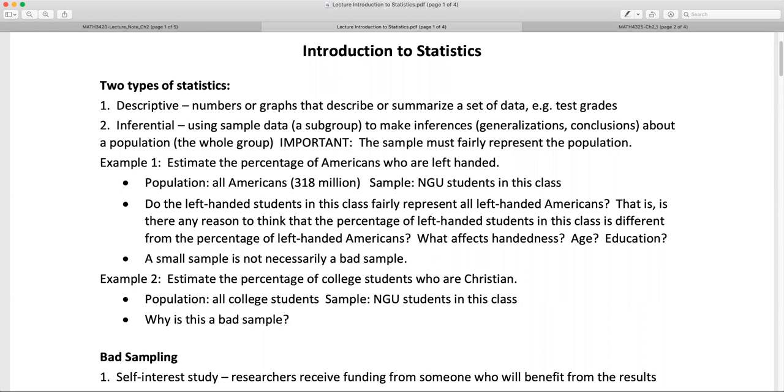Now next, a small sample is not necessarily a bad sample. As long as we collect the data fairly, the sample data could represent the population. We're going to talk about this later.